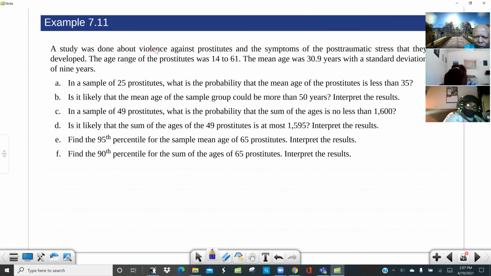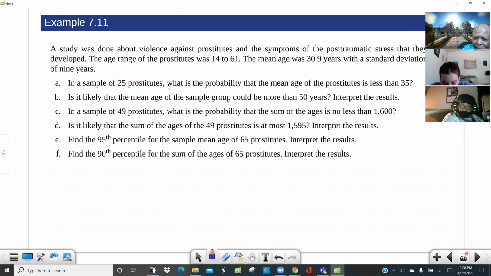A study was done about violence against prostitutes and the symptoms of post-traumatic stress that they developed. The age range for prostitutes was 14 to 61. The mean was 30.9. The standard deviation was 9.